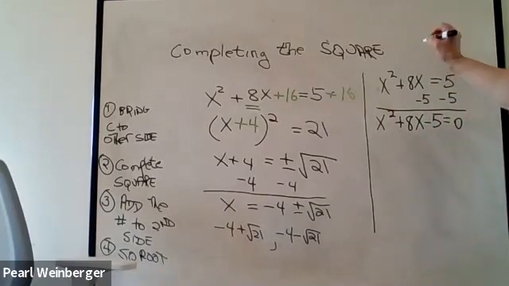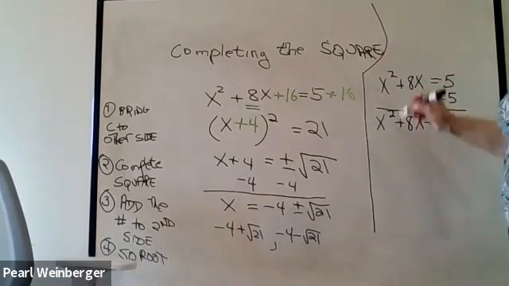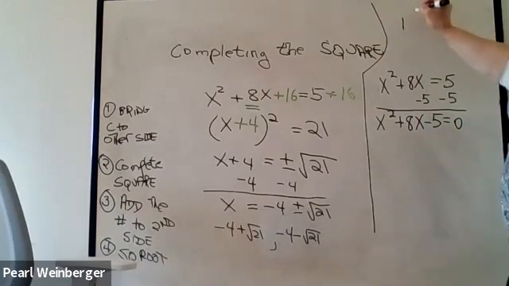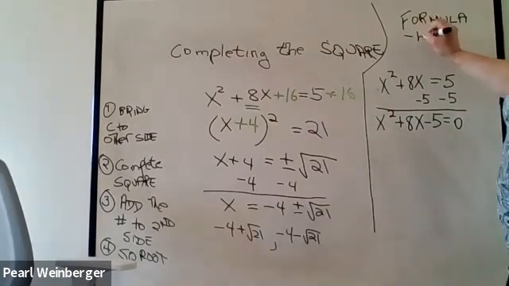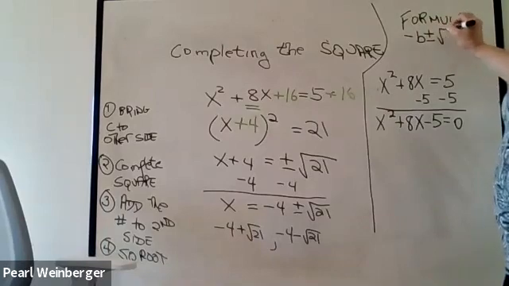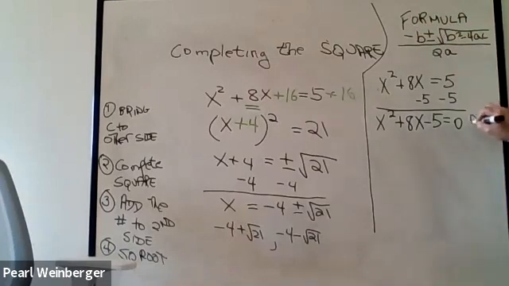Remember, our formula, let's just write, this is the formula method, is negative b plus or minus the square root of b squared minus 4ac, over 2a. So we know that my a is 1, my b is 8, and my c is negative 5.